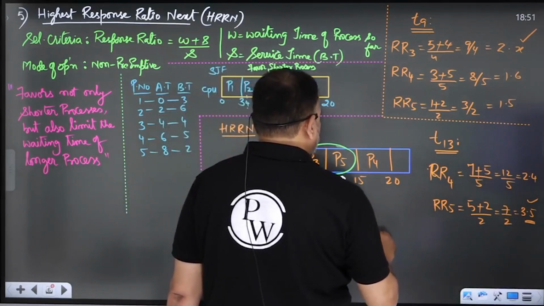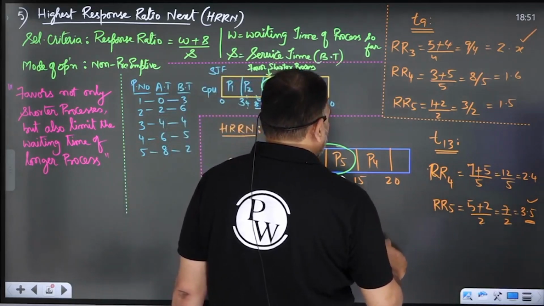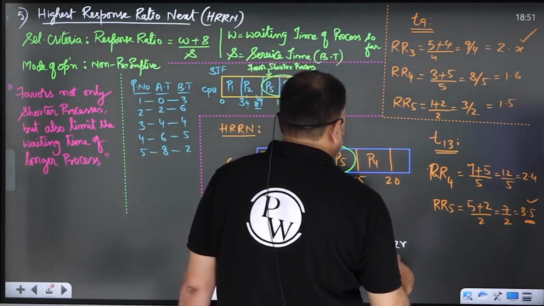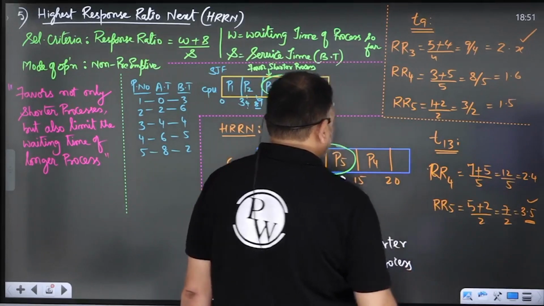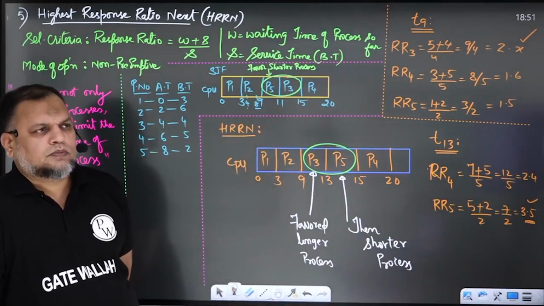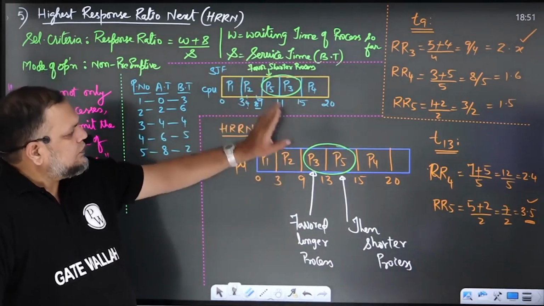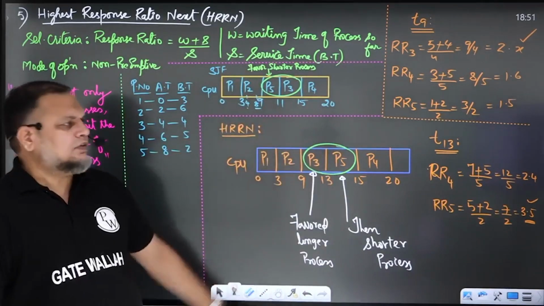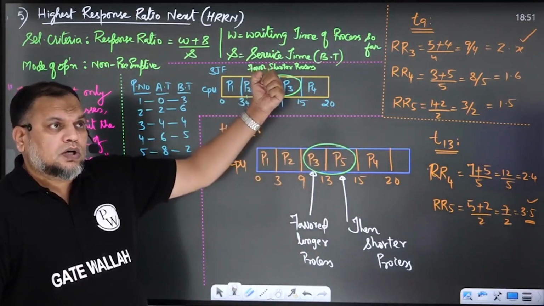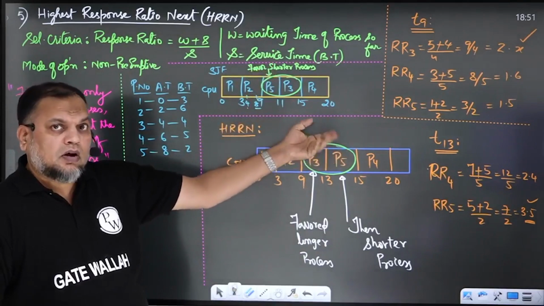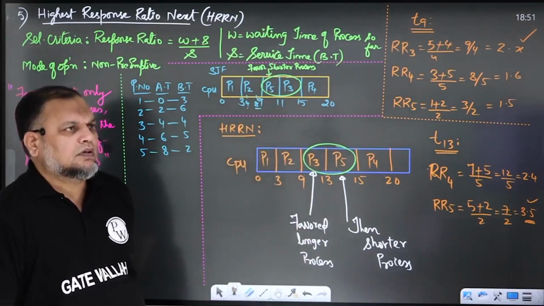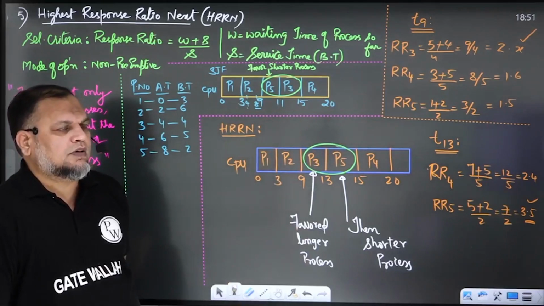So HRRN has maintained a balance somewhat in comparison to pure SJF. SJF always favors shorter processes. Here we favored the longer one and then the shorter one, because the longer one had waited quite a good time. Later, the shorter process also had waited quite a long time, so therefore we favored the shorter process P5.